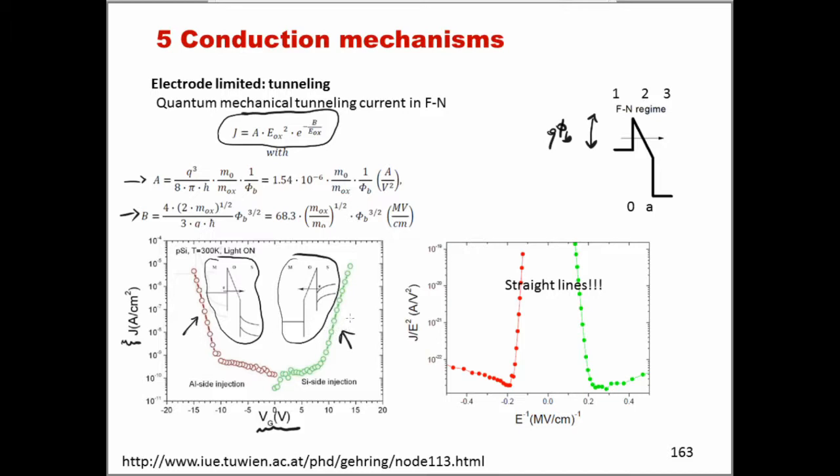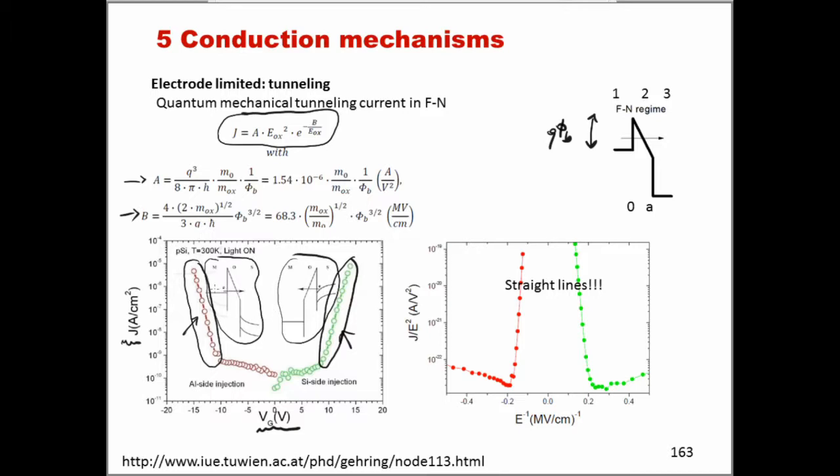These two portions of the Fowler-Nordheim tunneling taking place, they are not exactly the same. As you can see, this bit of the curve and this bit of the curve are not exactly the same. And the reason is that the characteristics of the barrier that the electrons are going through are different in the two cases.